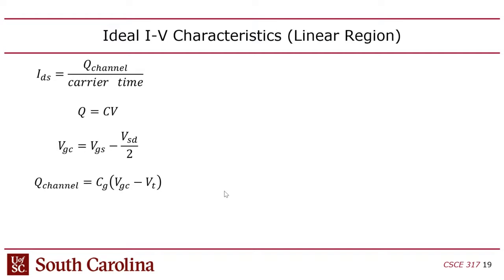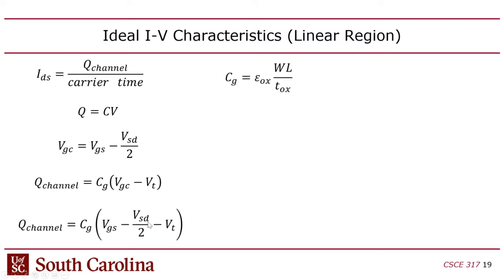I never really entirely understood why that's the case, but you have to get above that threshold voltage before you start accumulating charge on the channel with a MOSFET. So the charge of the channel is the capacitance of the gate multiplied by basically the gate voltage minus the threshold voltage. That's all this is.